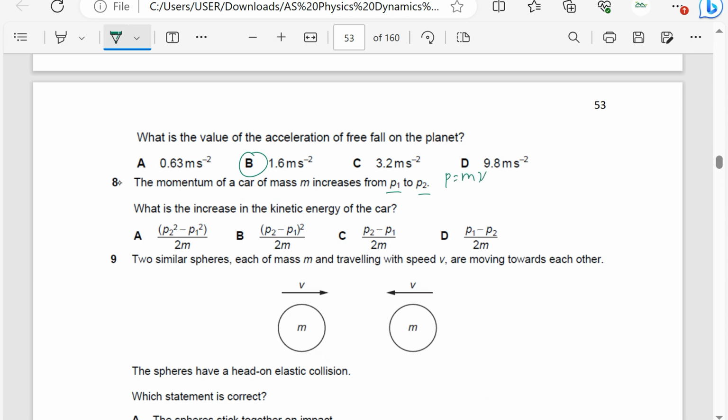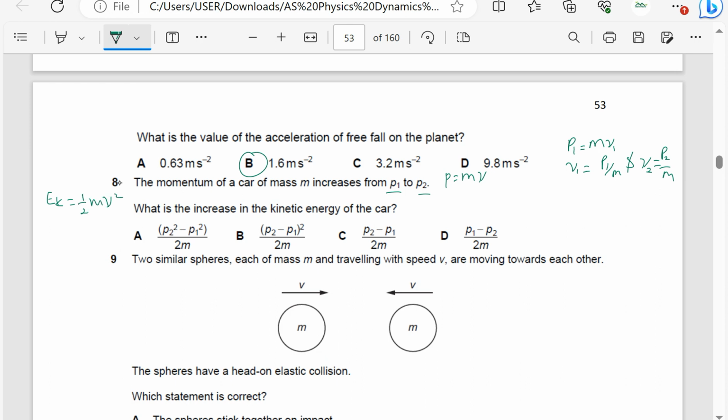So for P1, P1 is going to be the mass times V1, which means V1 is equal to P1 over m, and also V2 is going to be P2 over m. So we want kinetic energy, which is a half mv squared.